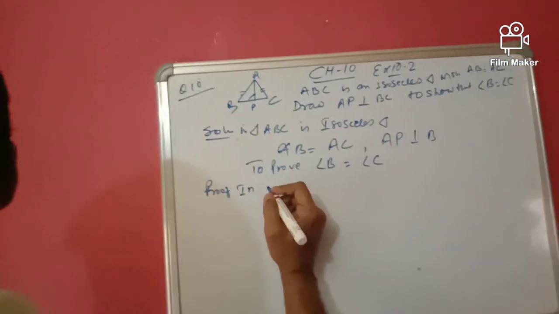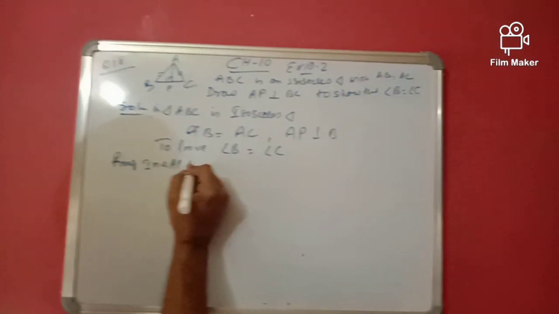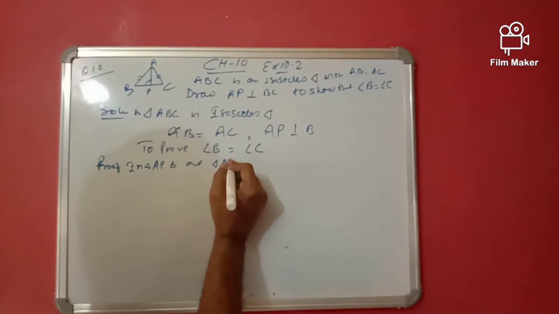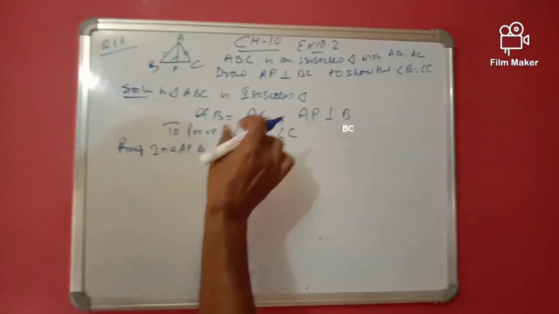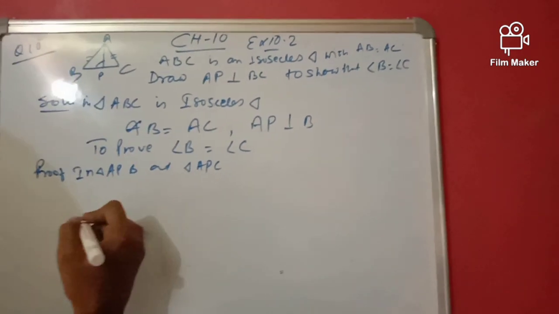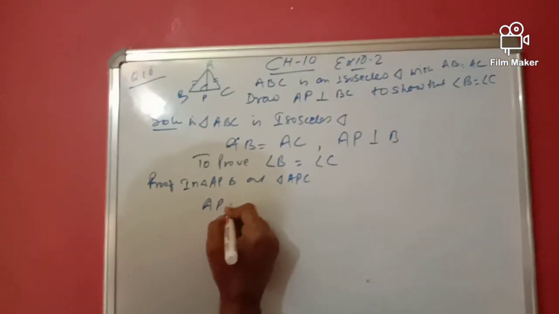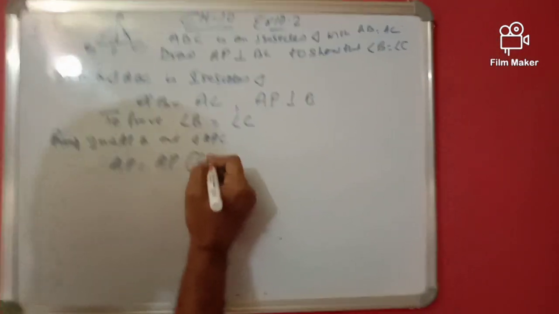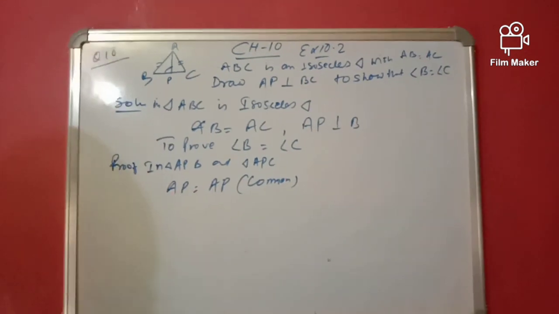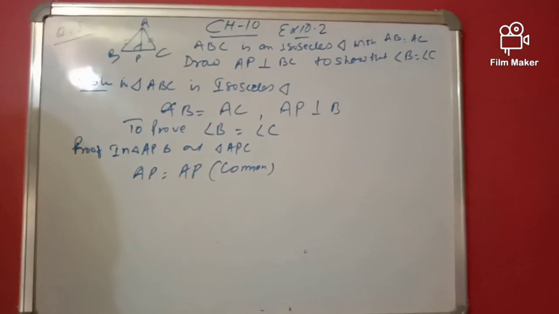In triangle APB and triangle APC, AP equal to AP because it is common.